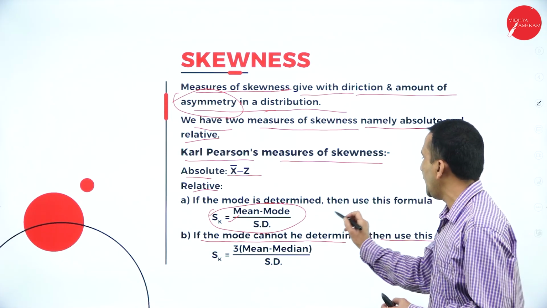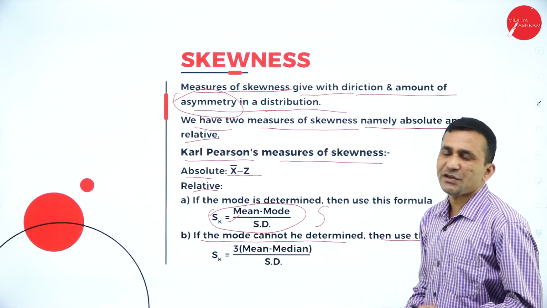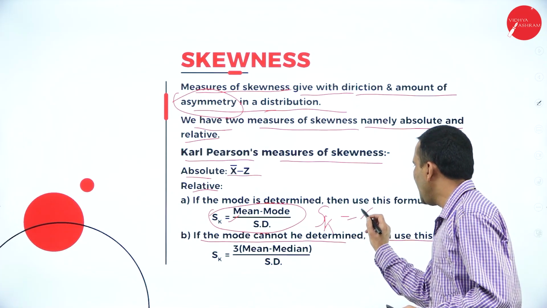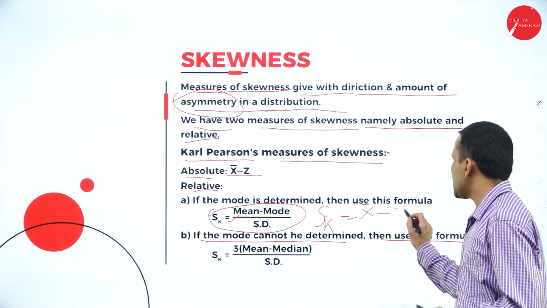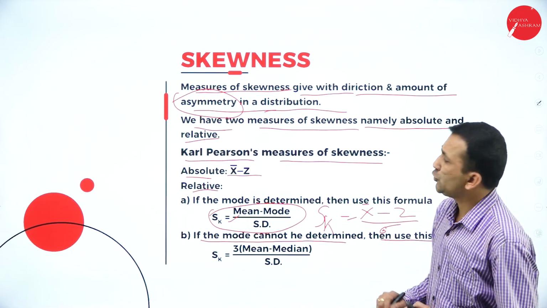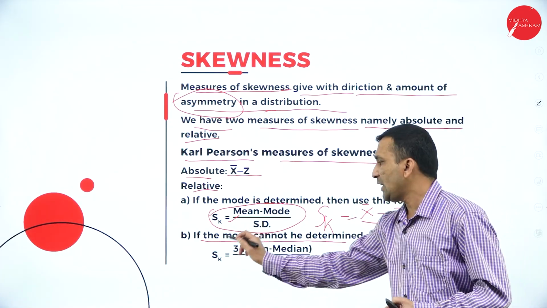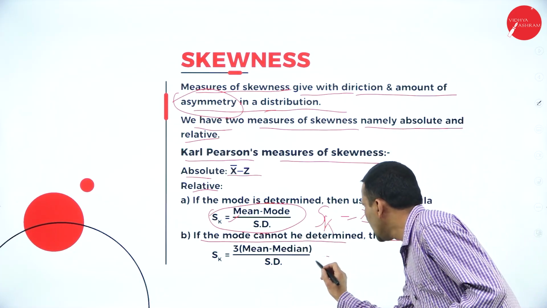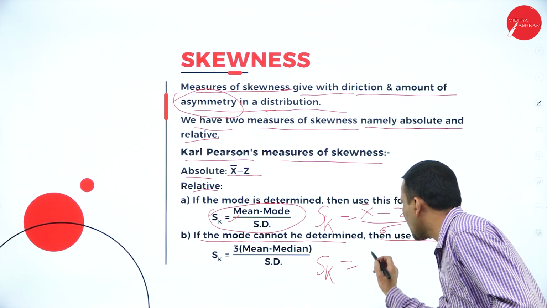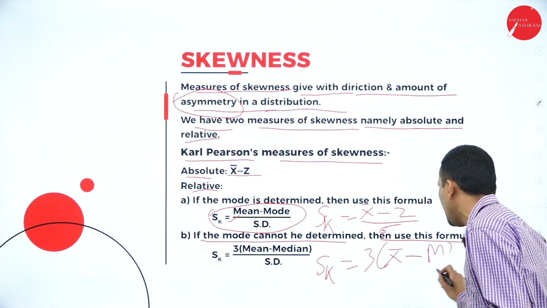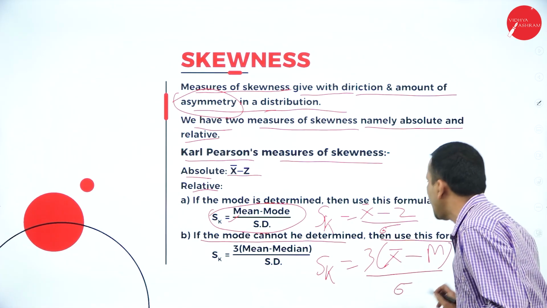Symbolically, S stands for skewness and K stands for Karl Pearson. When you are able to identify the mode value: mean x bar minus mode divided by standard deviation. If you are not able to identify the mode, we apply this formula: 3 into mean minus median divided by standard deviation.